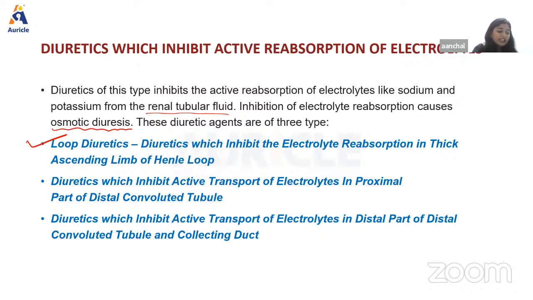The osmolarity of the medullary interstitial fluid also decreases due to inhibition of sodium reabsorption into the medullary interstitium. So what will happen? Finally, the medullary interstitium fails to concentrate the urine, resulting in loss of excess fluid through urine.